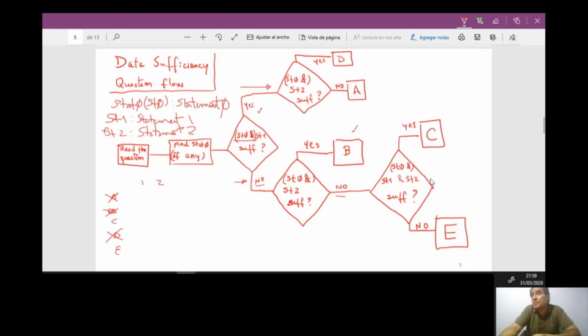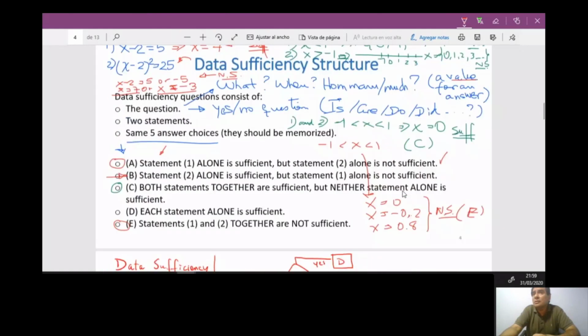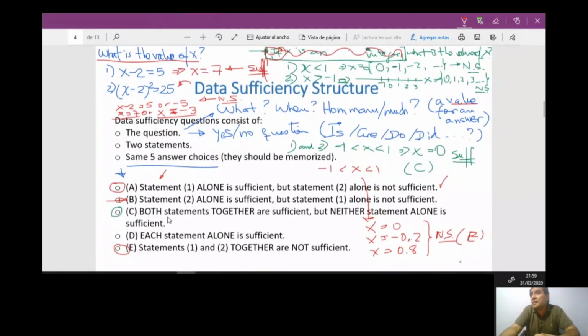So if together you get a unique answer, you mark option C. If together you don't get a unique answer, then you mark option E. So notice the two answer choices that result from this evaluation are these two. Both statements together are sufficient, but neither statement alone is sufficient. That's what the third answer choice states.